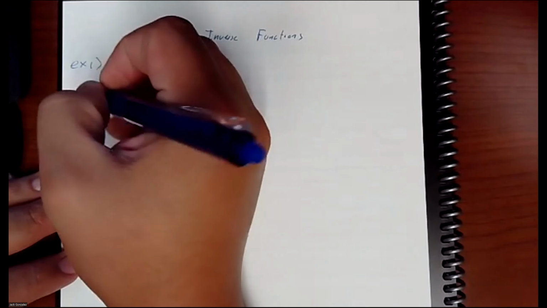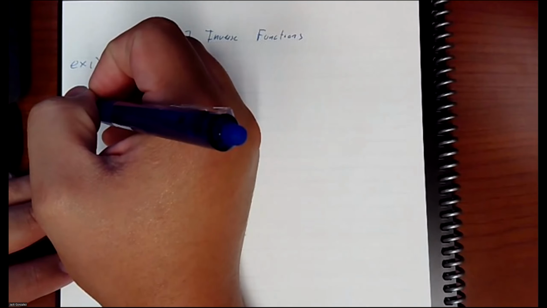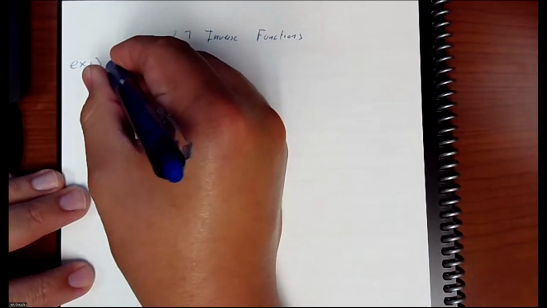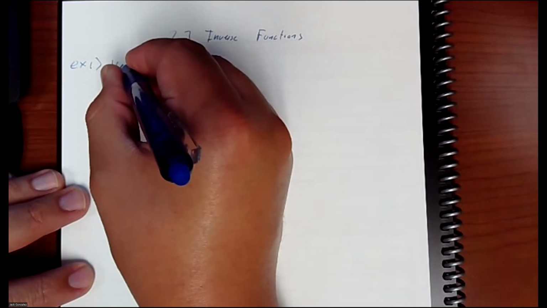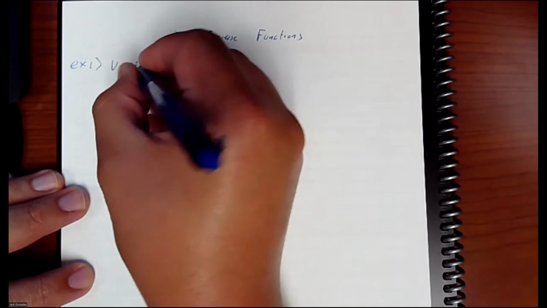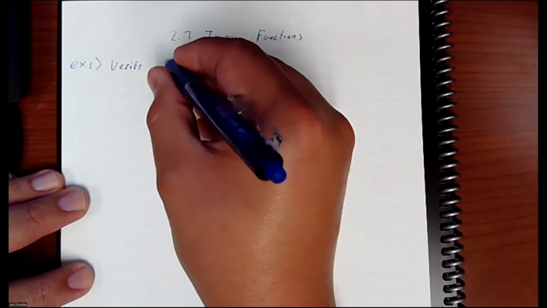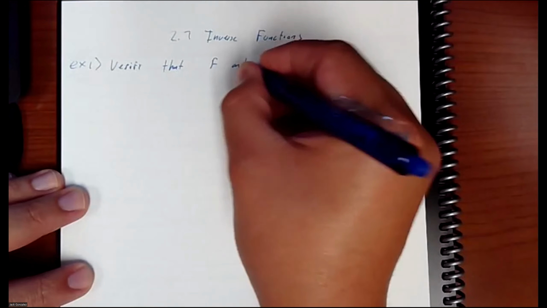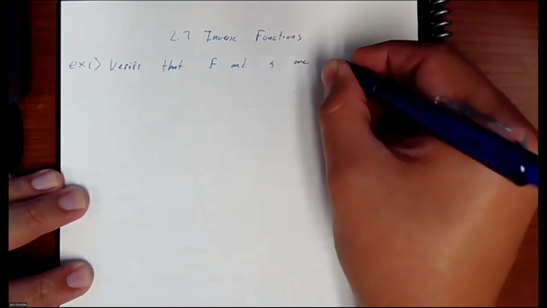Example 1. All right. Verify that f and g are inverses.